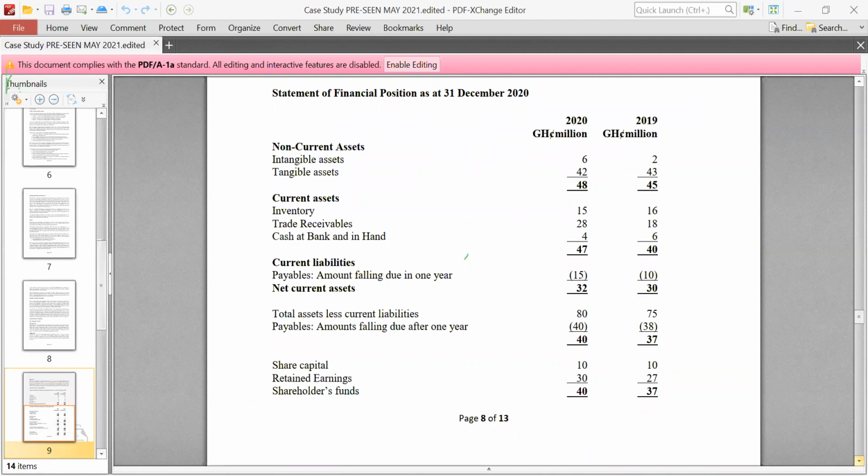Statement of financial position. The first thing we have is intangible assets. What are some of the things that go into intangible assets?